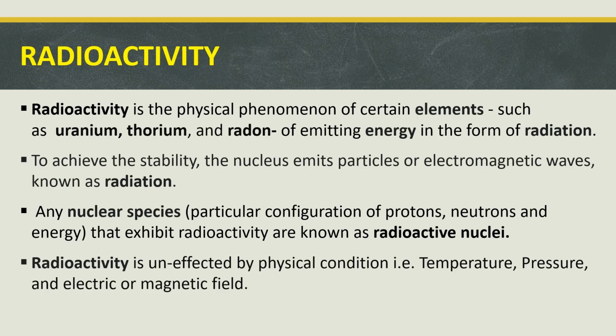That means these are not going to affect the process of radioactivity. So simply we can say that radioactivity is when unstable nuclei emit some radiations to become stable. That process is called radioactivity.